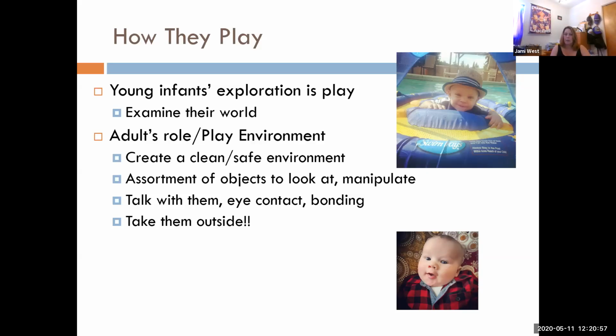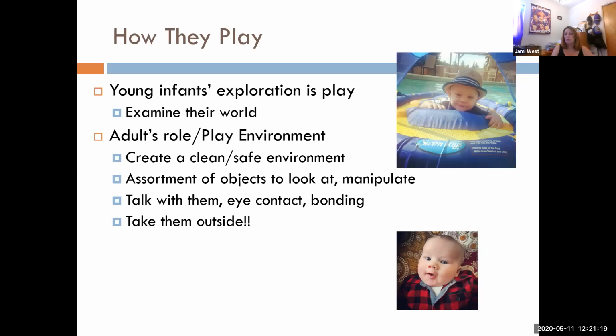And then once they're secure, they will go out and explore their world. The way an infant 0 to 6 months explores their world, that is their play. That object hunger, that is their play.